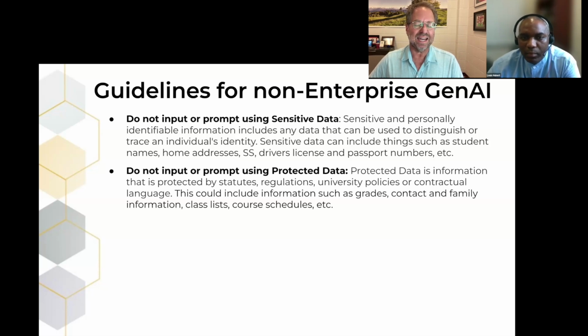Similarly, the next category down in terms of sensitivity is protected data. Those are things protected by statutes, regulations, university policies, things like FERPA. That could be things such as grades, faculty feedback, contact and family information, class lists, course schedules, etc. Those are things that you would encourage your students not to put into the generative AI as a prompt or as input, nor should you, basically.